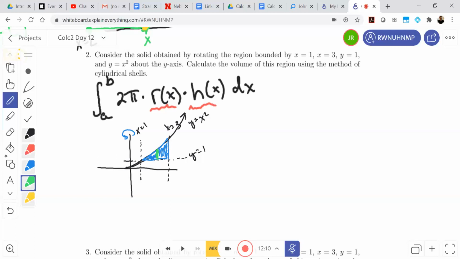Here we're going to create the cylindrical shell. So we take this line, we revolve it, and the end result is that we get this cylindrical shell that we will then integrate up across all of the different x values.